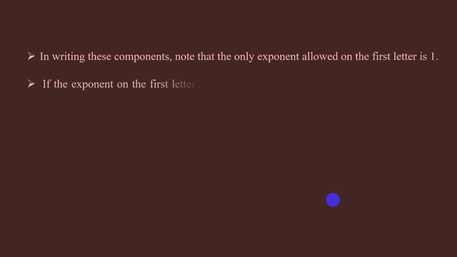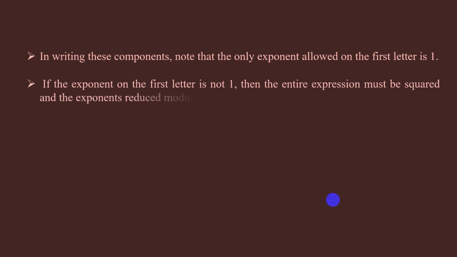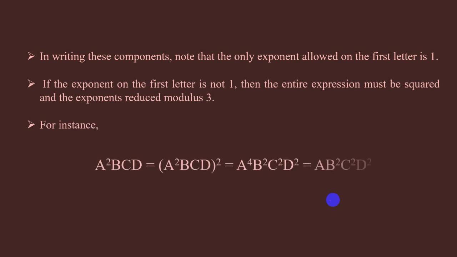If the exponent on the first letter is not 1, then the entire expression must be squared, and the exponents should be reduced modulus 3. For instance, A square BCD, if squared, gives us A raised to 4, B square, C square, D square. Now 4 modulus 3 is 1. So A, B square, C square, D square.